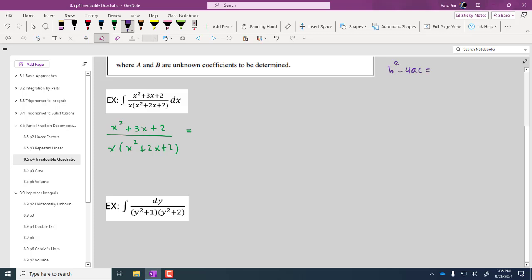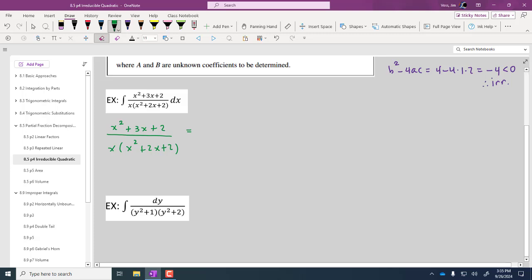Here b squared is 4, minus 4 times a is 1, c is 2, so this is negative 4. That's less than 0, therefore irreducible. If you're not sure whether a quadratic is irreducible, you check the discriminant.